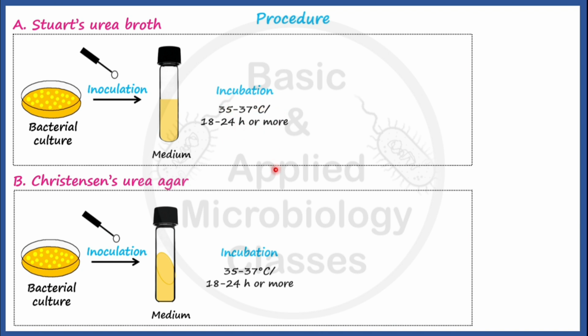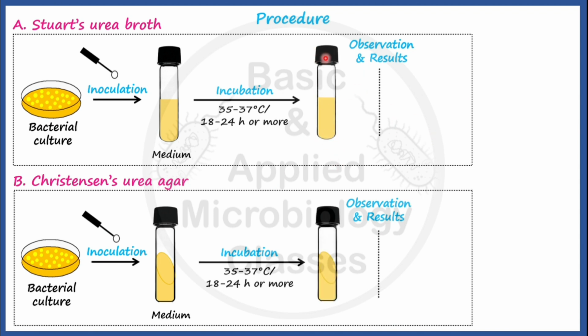Now after incubation, what will be the next step? Of course, observation and results. Now there are two possibilities. Either we can get results like this, or we can get results like this.